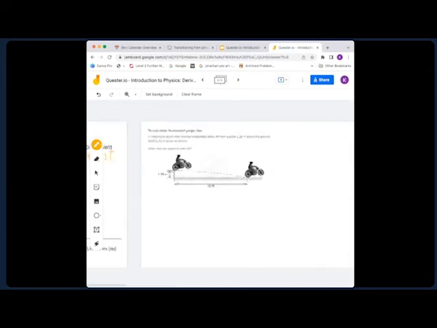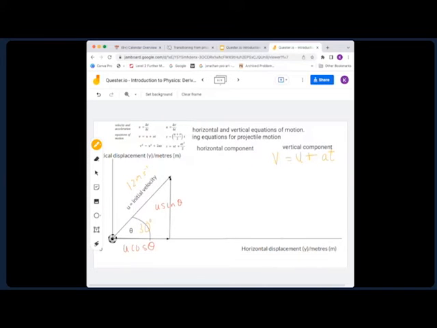A couple things to note for this question is that we've got a couple components. This part's going to be a bit more difficult for me to explain. So we have displacement, initial velocity, final velocity, acceleration, and time. And the vertical component has that as well: the initial velocity, the displacement, the final velocity, the acceleration, and then the time.